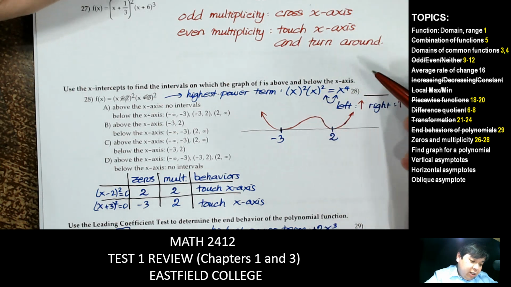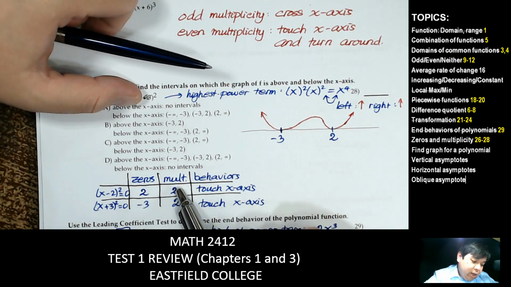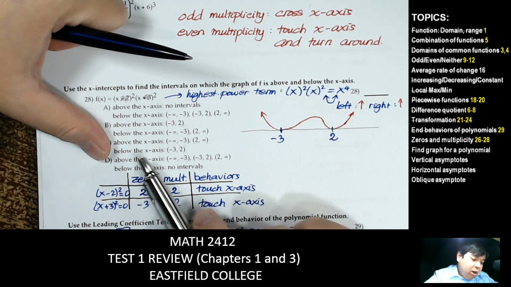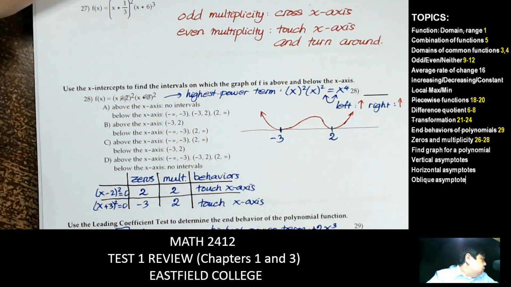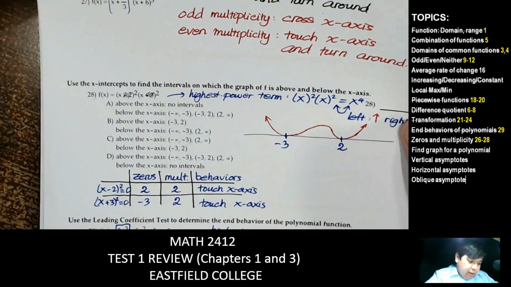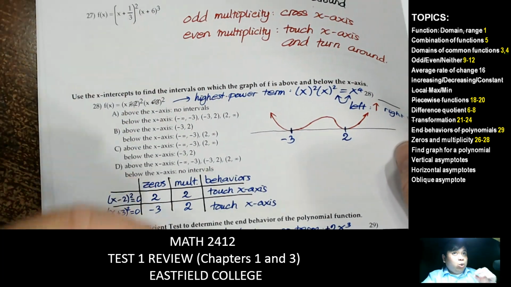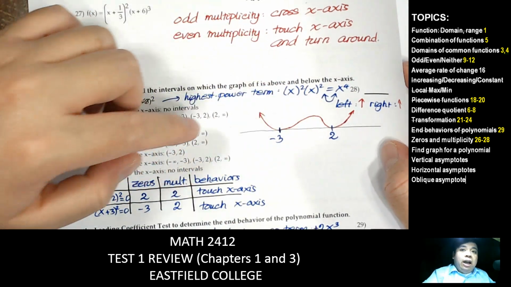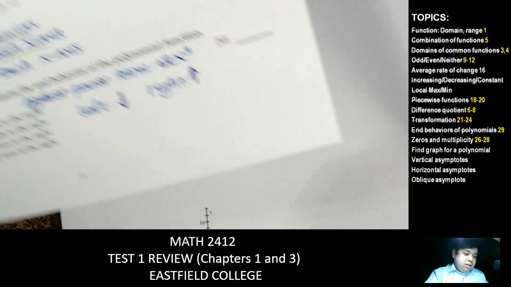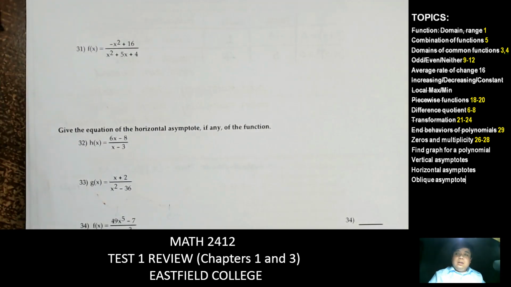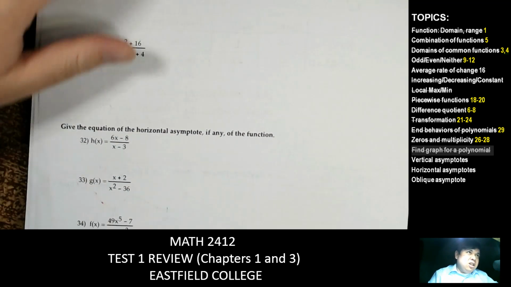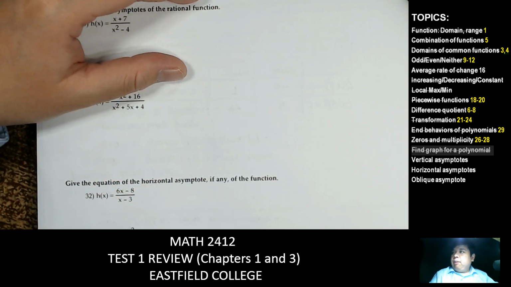So we say below the x-axis there will be no interval, and so it's more like going to be D. That is directly related to two things we just did, the end behavior and zeros and multiplicity. Right. The graph of polynomial function, that's kind of like the thing we just did. Have to combine a few things.